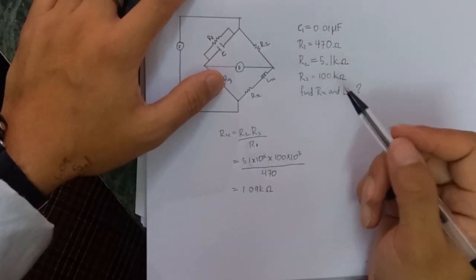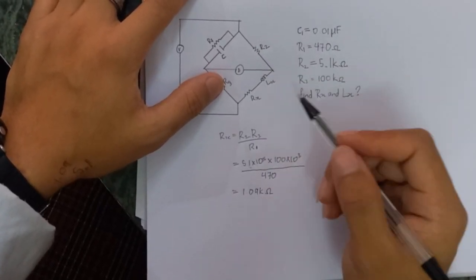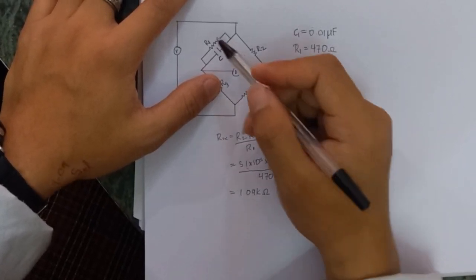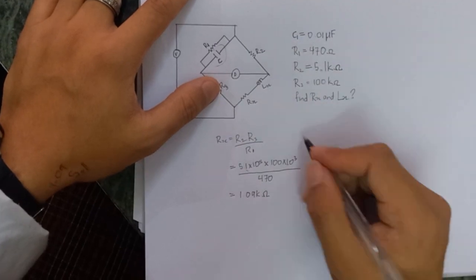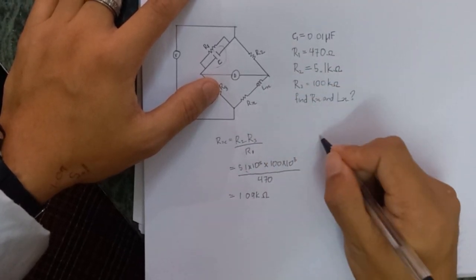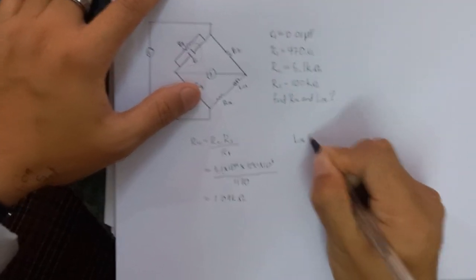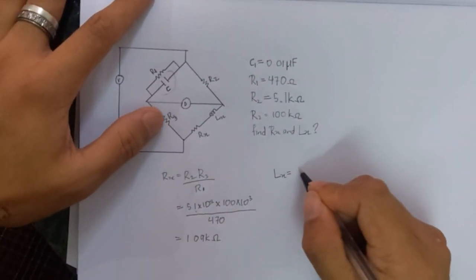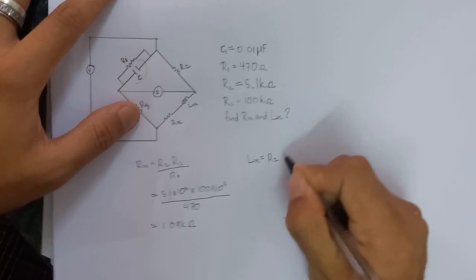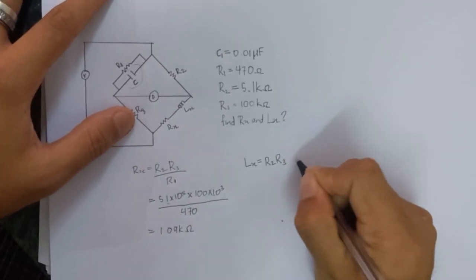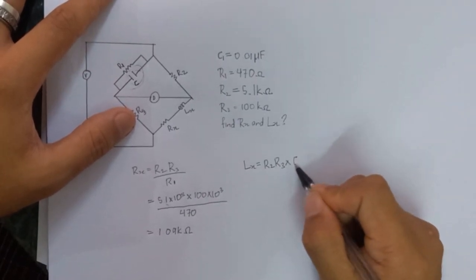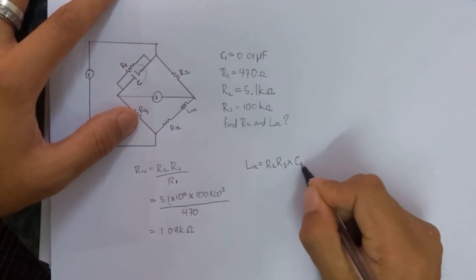Now, instead of dividing as we did for the unknown resistor, we multiply by the value of the capacitor. So Lx equals the product of these two adjacent resistors, R2 and R3, multiplied by the value of the capacitor C1.